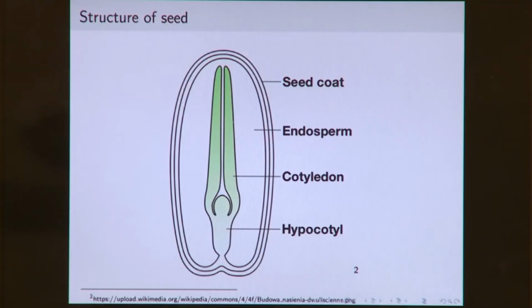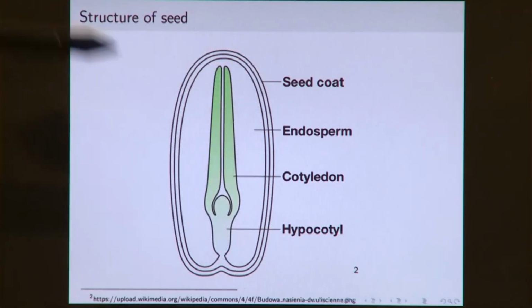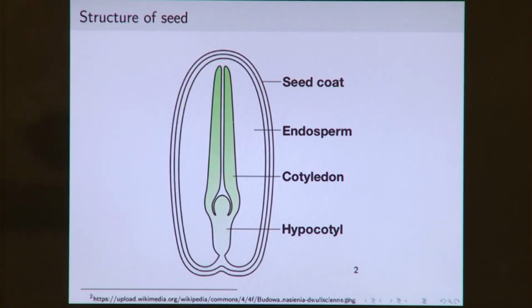If you look at the structure of a seed, this is what a seed looks like. Here you have the seed coat, which is the outer tough layer that protects the seed. Endosperm is the food for the embryonic plant till it is able to formulate its leaves and start the process of photosynthesis, through which it will be making its own food.